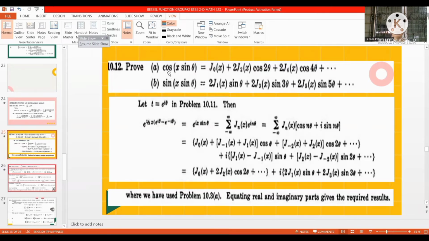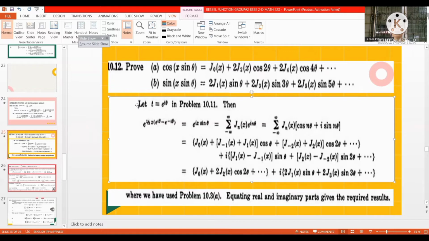And the next is B. And dapat din nating ma-prove yung sin(x sin theta) is equal to 2 J_1(x) sin theta plus 2 J_3(x) sin 3 theta plus 2 J_5(x) sin 5 theta plus so on.